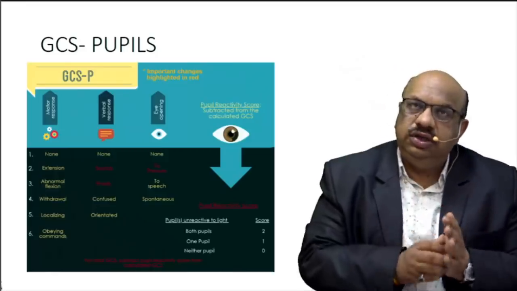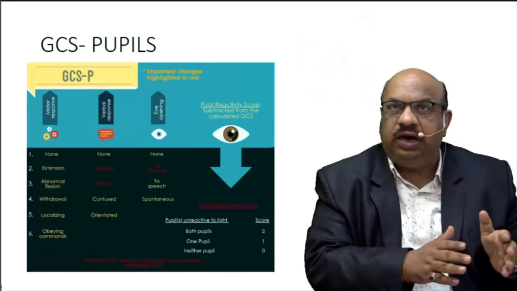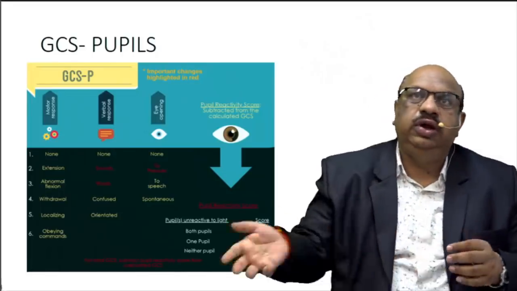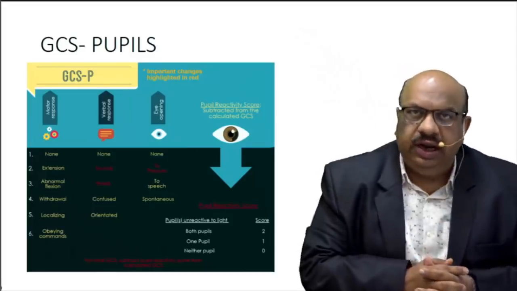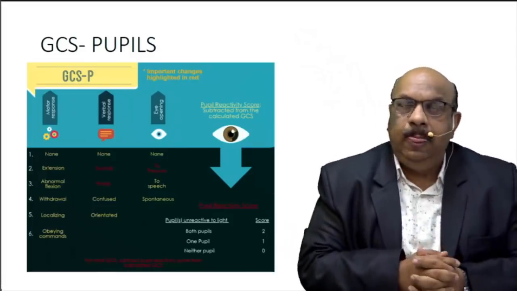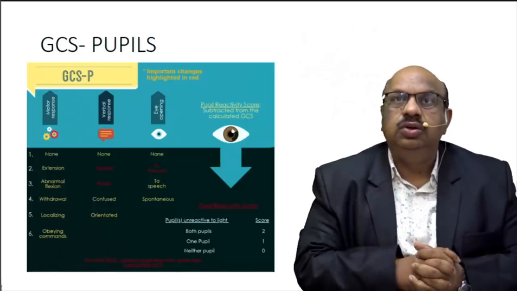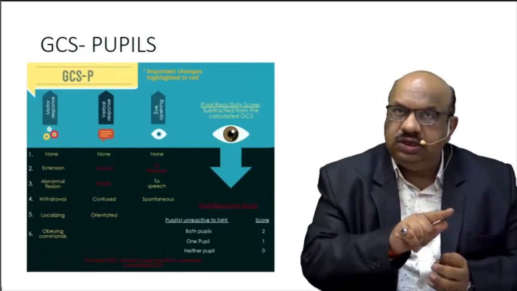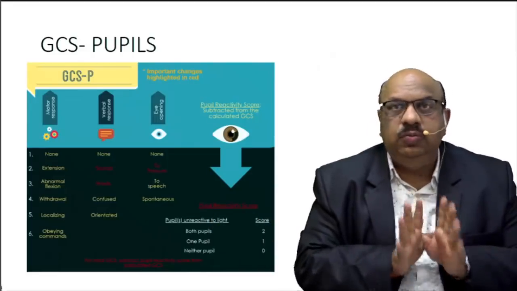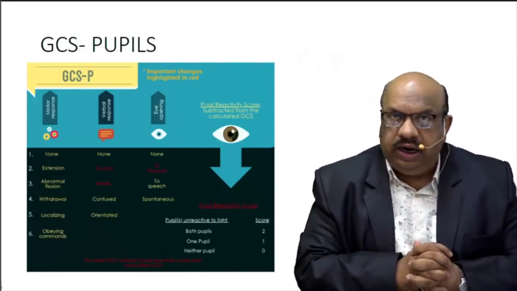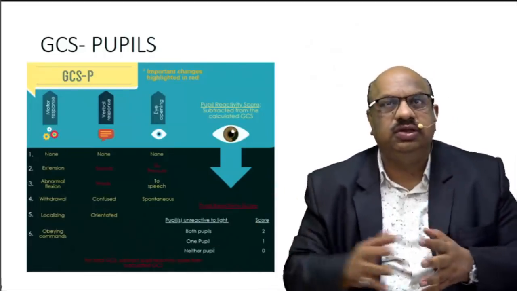And whatever GCS you have, you subtract the pupillary score, you deduct it, and then you get the final GCS. Like, let's say someone has GCS 9, and one pupil is not responding to light, so that's 1. We will reduce from GCS 9 minus 1, so the score now will be 8. If both pupils are not responding or are dilated, then it is 2 numbers, so from 9 we deduct 2, and the score will be 7.